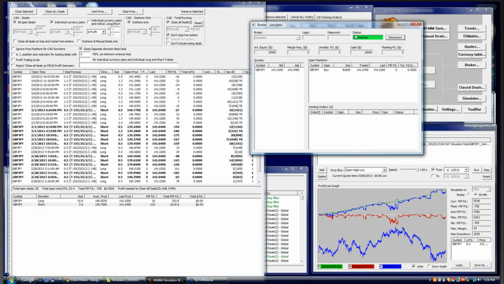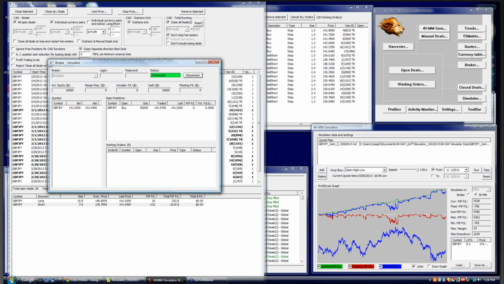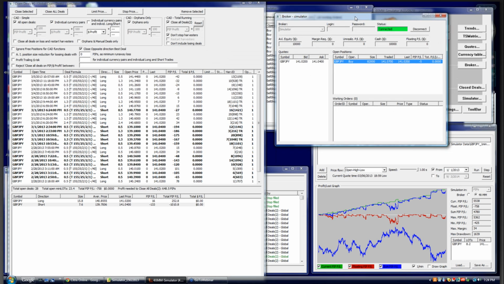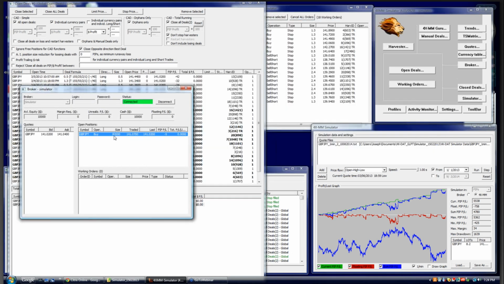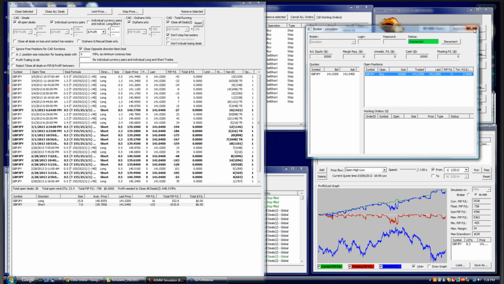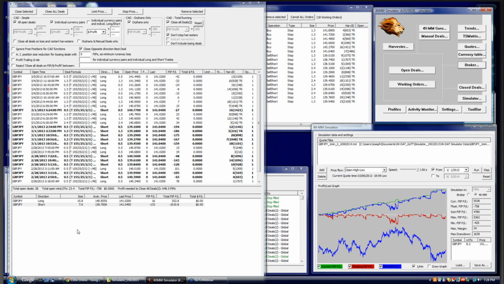Now, when I open the broker window, the broker is showing only the net, the difference between the longs and the shorts, because really that is your net position. So if you subtract 7.6 from 15.8, what do you get? 8.2. So the broker window will show the net, because that is really what the broker is concerned about. The broker is not concerned about any of this.